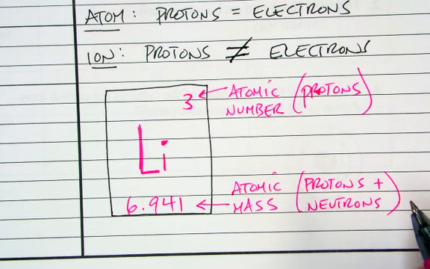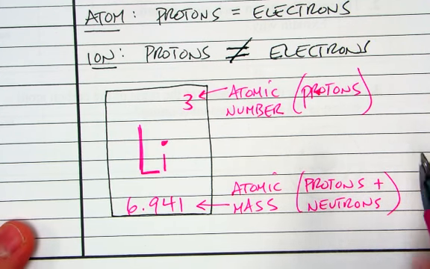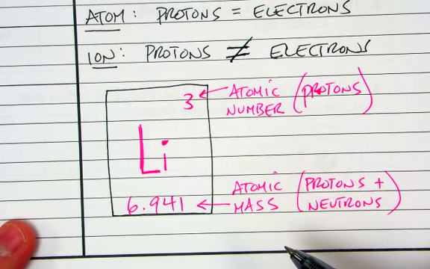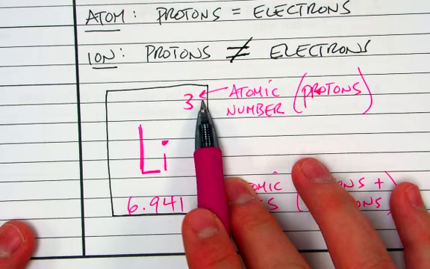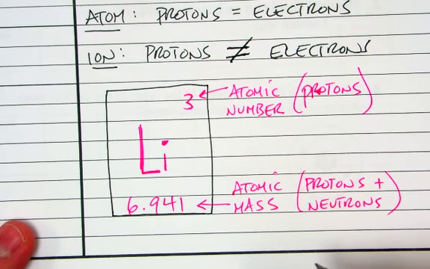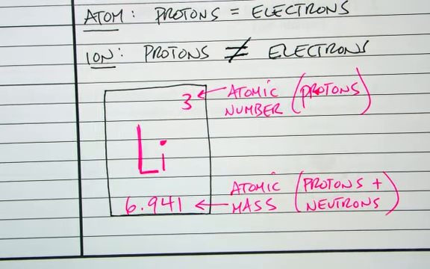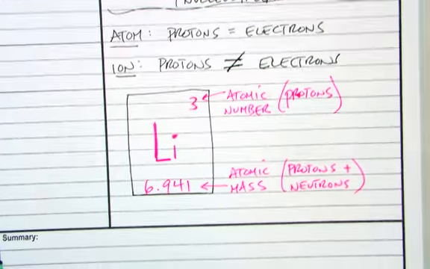Okay? Now, if you want to know from this how many protons, neutrons, and electrons, we have all the information we need. The atomic number tells you protons. Well, we can maybe write at the bottom here. I'm going to zoom out a little bit.